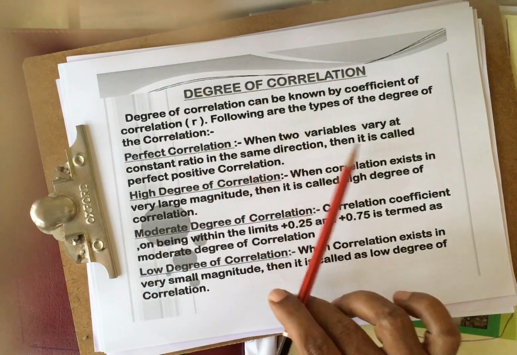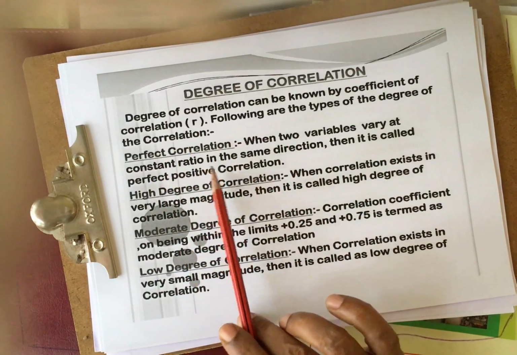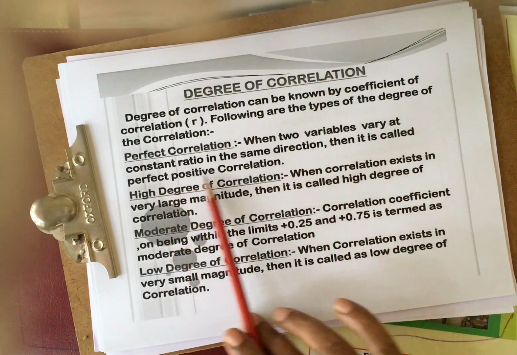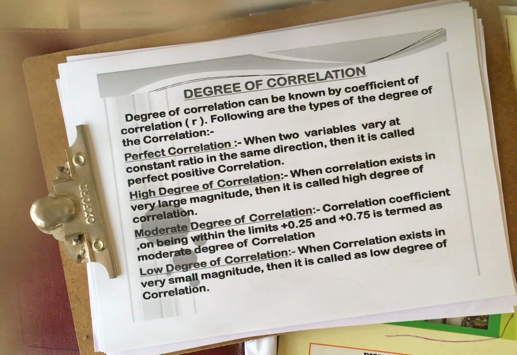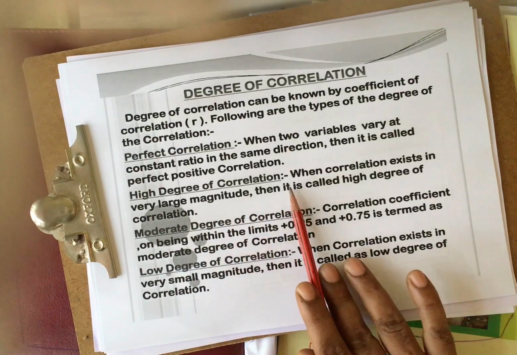Here, when two variables vary, meaning change at a constant ratio in the same direction, up or down, it is called perfect positive correlation. If it goes up by the same movement and comes down by the same movement, then it also comes to perfect correlation.